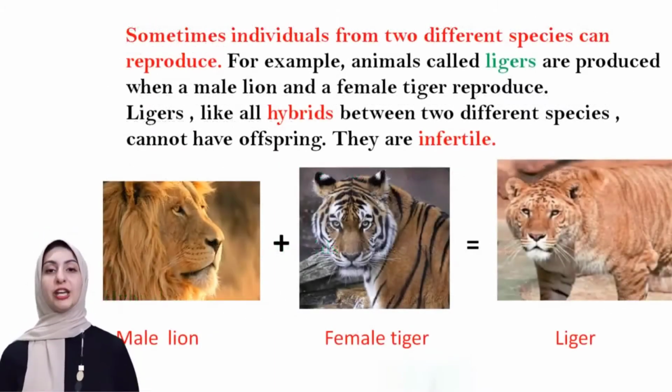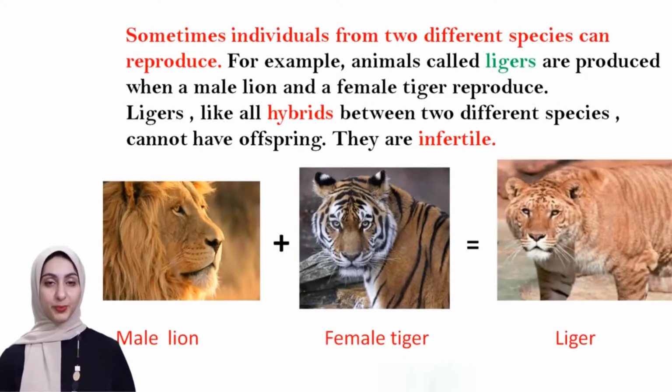For example, if we put a male lion in the same enclosure with a female tiger, they will breed and reproduce a hybrid animal called a liger. This liger is infertile, which means it will not be able to reproduce. And if you look at it, it has the face shape of the lion and the stripes of the female tiger.